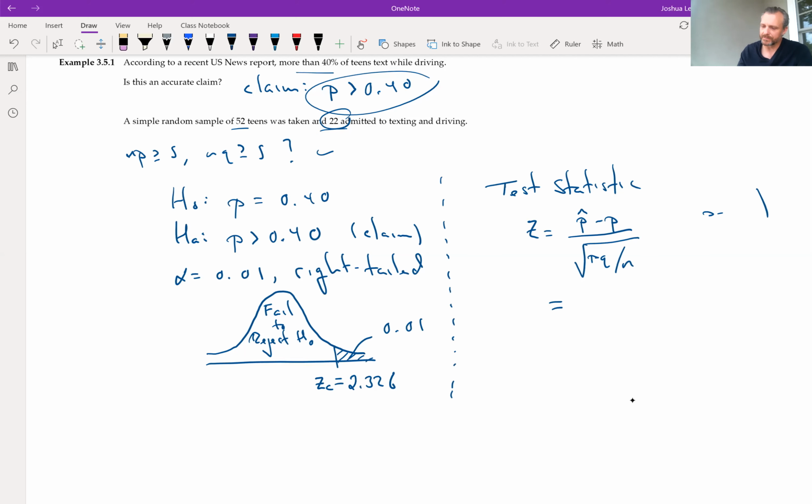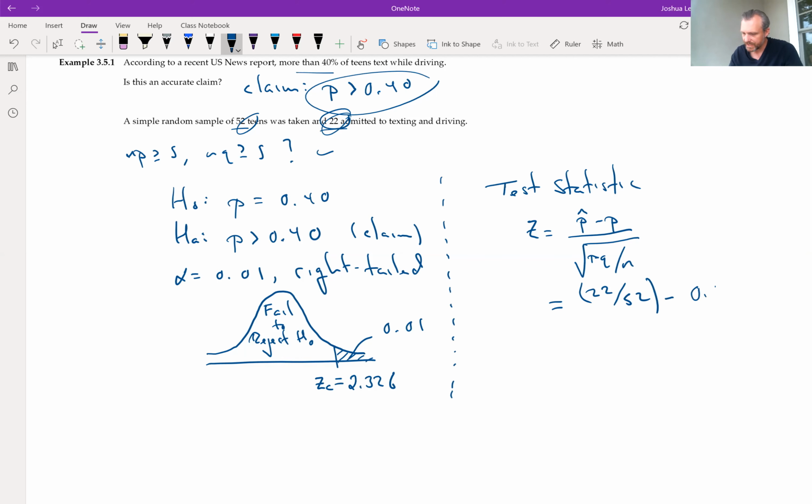That comes from our sample. And so p hat is going to be 22 over 52. Now, when I do this computation, I'm going to leave it as 22 over 52. I could reduce it if I want, but my point is I'm not going to treat it as a decimal because I don't want to round it.